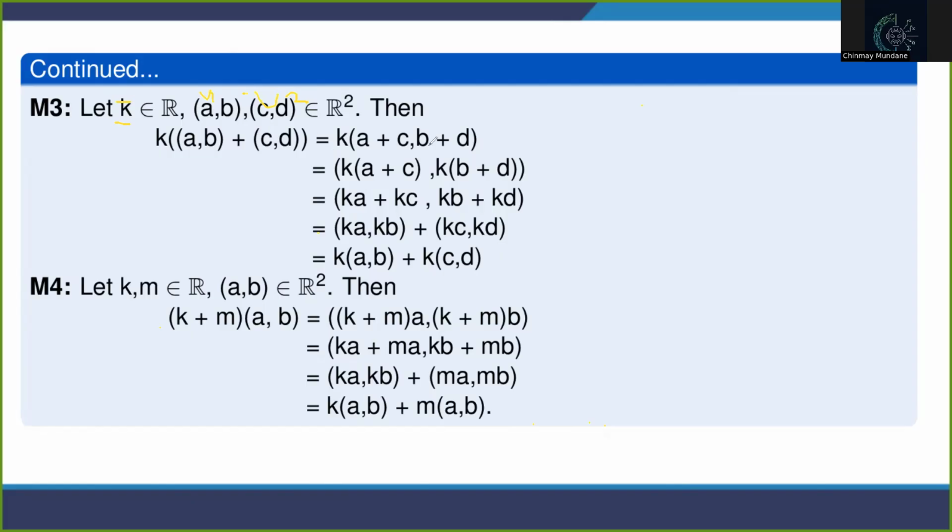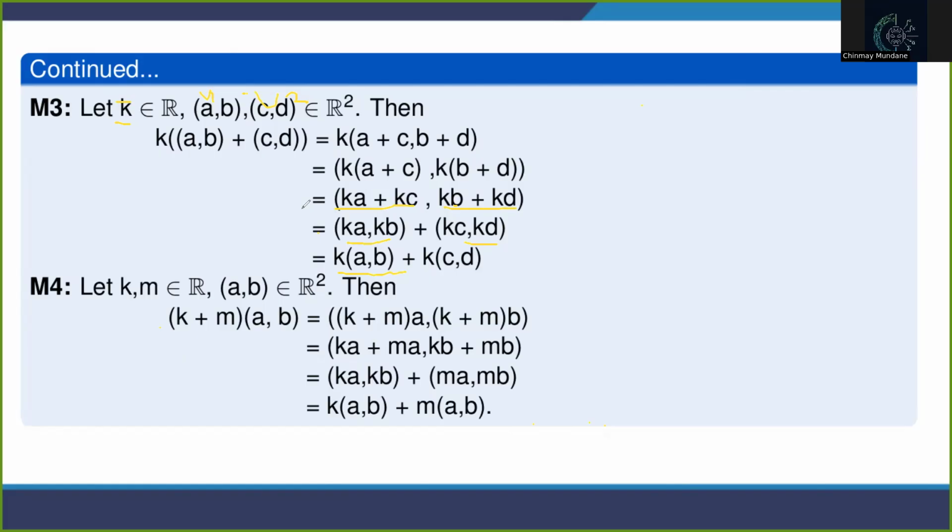So K times A plus C, B plus D. You put K in the A plus C, you put K in the B plus D, you get KA plus KC, you get KB plus KD. Same here, KA, KB, KC, KD. So you get K times A comma B, K times C comma D. K goes here also, so you can distribute it.